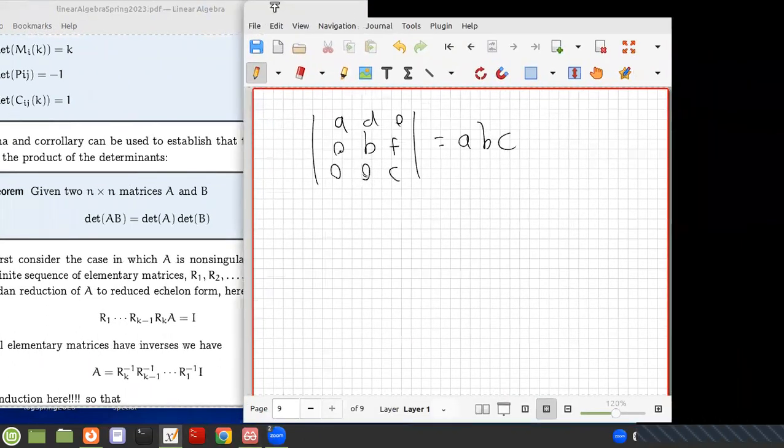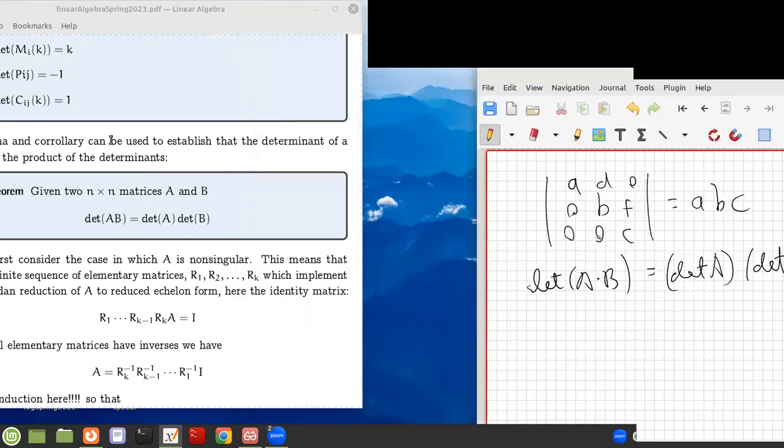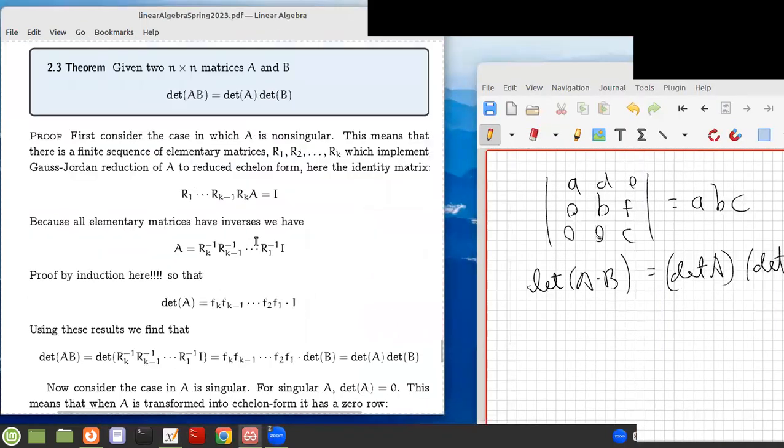For example, here's the formula: the determinant of A times B, a matrix product, is equal to the product of the determinants. The way that works is you divide the case into singular and non-singular, and then use row operations.